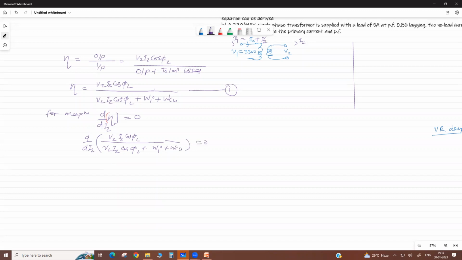By the u by v method, you differentiate and set equal to 0. Then we get the condition: iron loss, which is constant, equals copper loss at that load. Your iron loss equals copper loss. This is the condition for maximum efficiency.